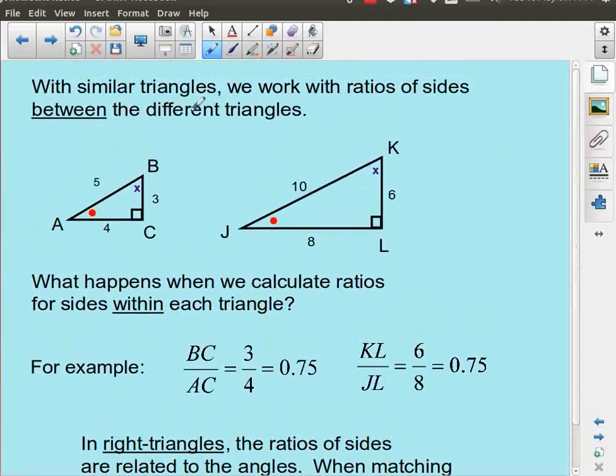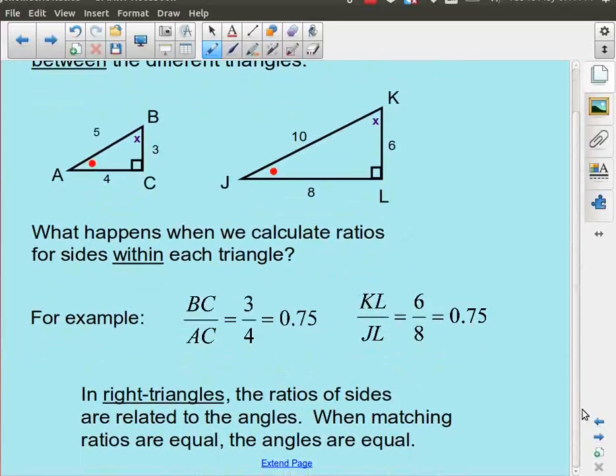So just a reminder, with similar triangles, we work between triangles, and with trigonometry we start to look at ratios not between triangles, but within triangles. And we've done this already about getting these angles of 0.75.